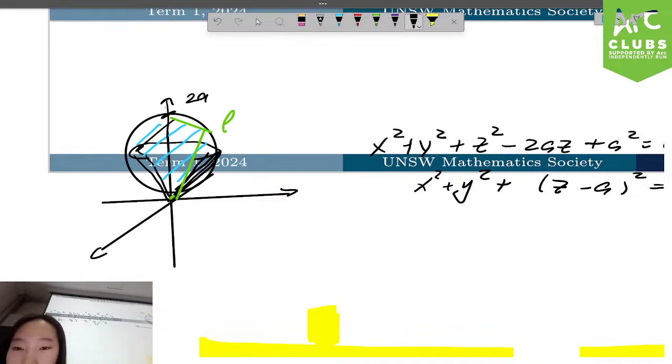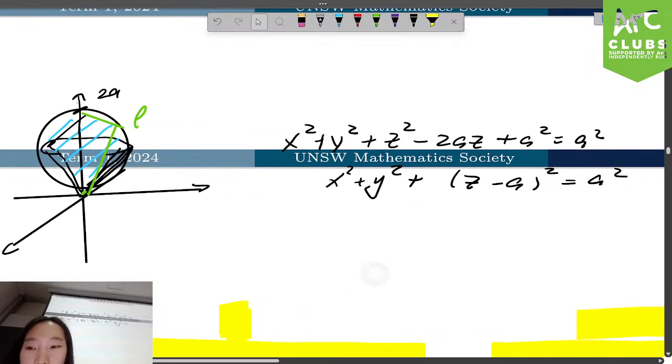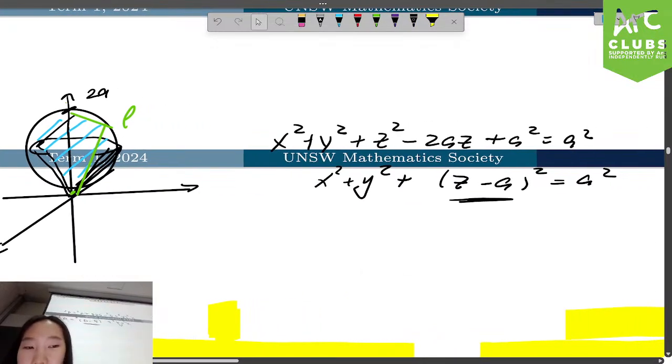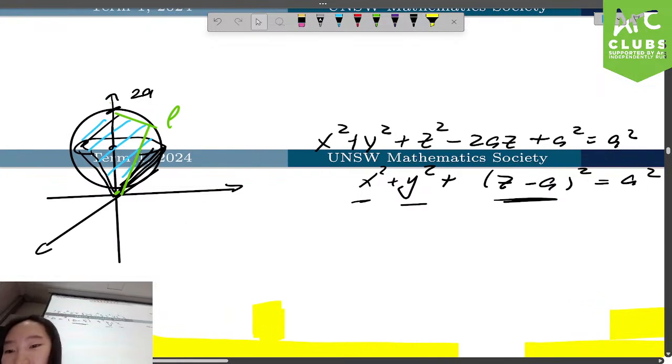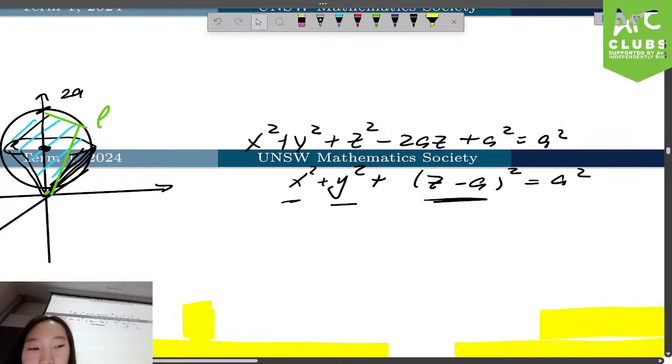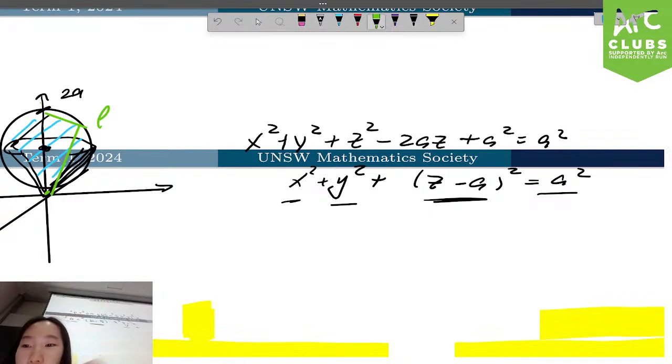The intersection here is 2a. Why is that? Because our center is at (0, 0, a), so it's over here, and our radius is a. So our z-intercept will be just 2a. And rho is this green line over here. This is a black line.